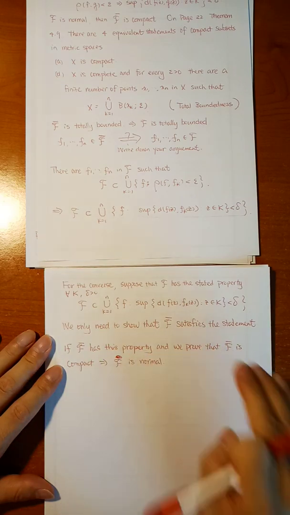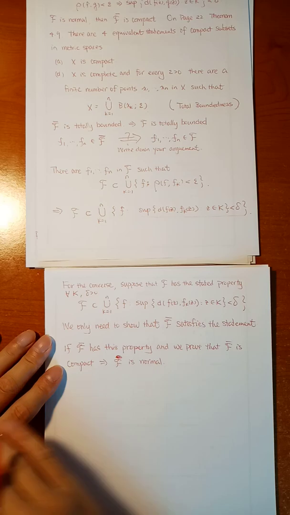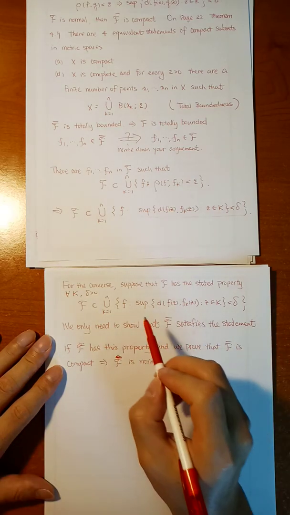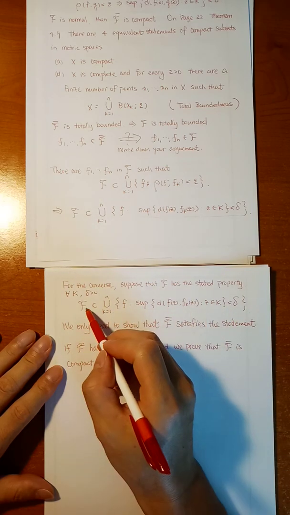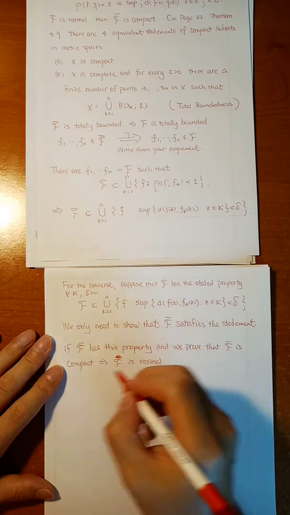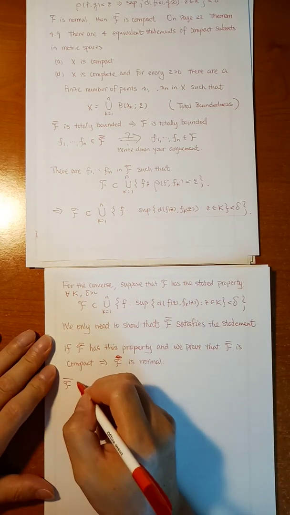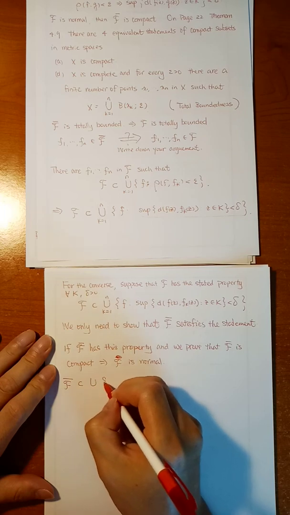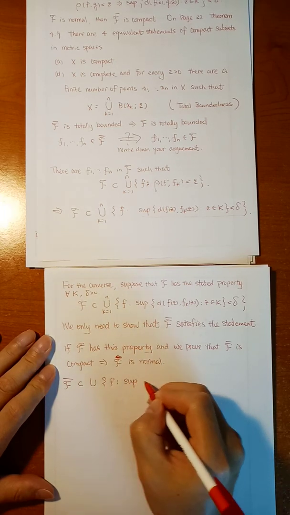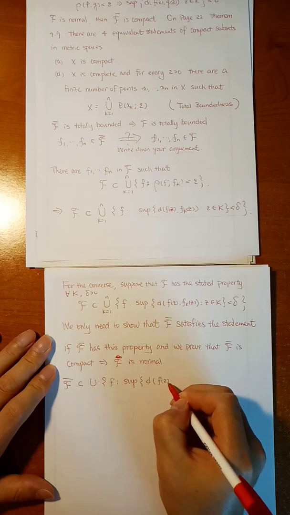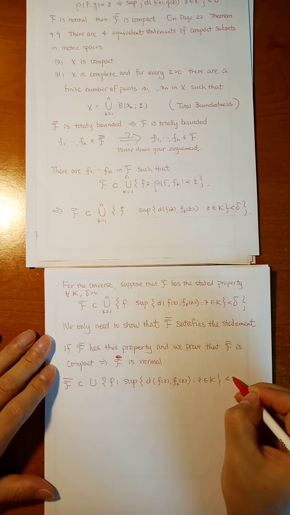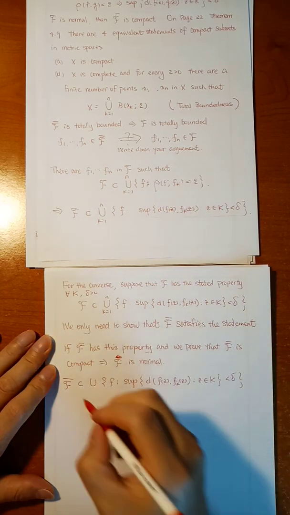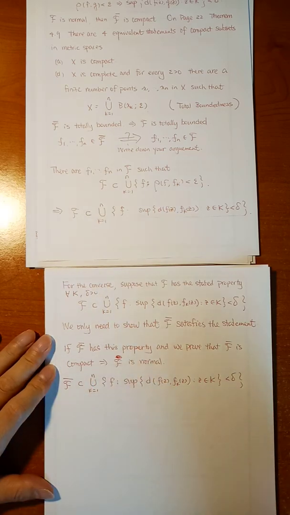If we have this property and we show F bar is compact, then F becomes normal. And this one is inside the union of open sets. Then of course the closure F bar is also contained in the union of them. The closure is also contained in this union, right?